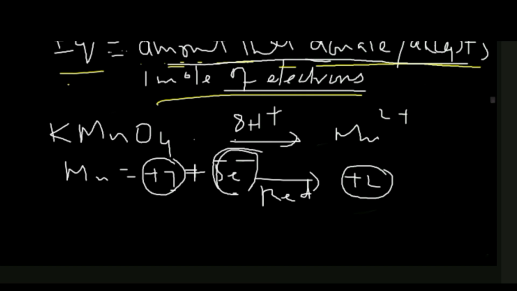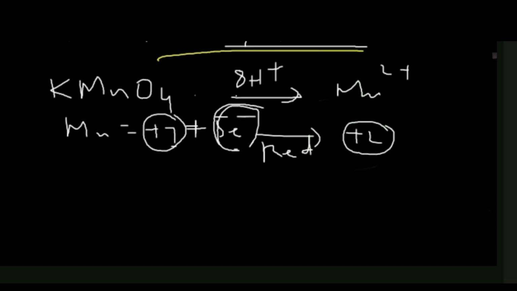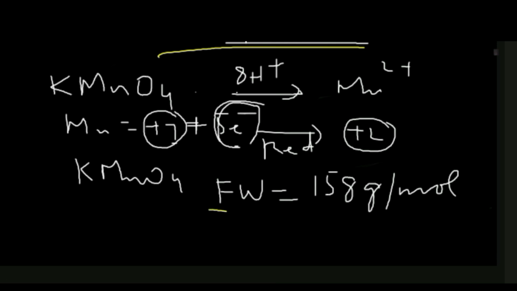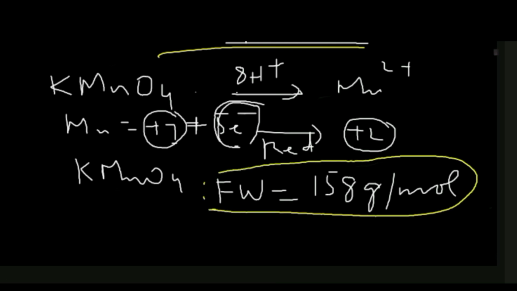Now we will determine the formula weight and equivalent weight of potassium permanganate. The formula weight of KMnO4 is 158 gram per mole.